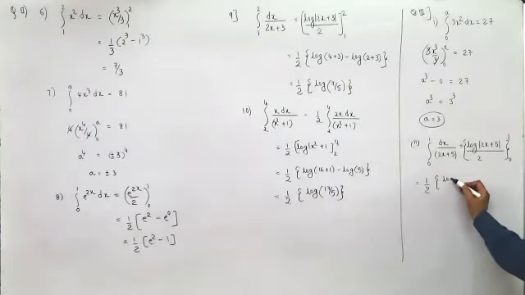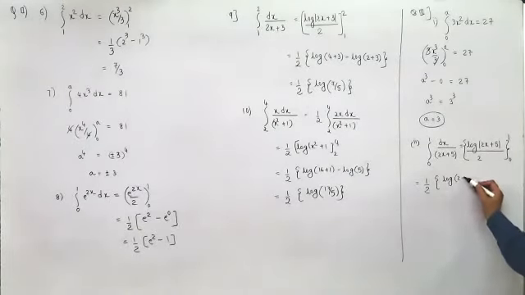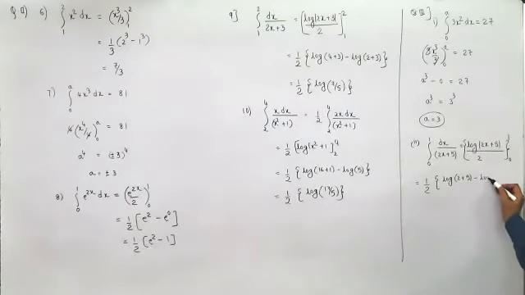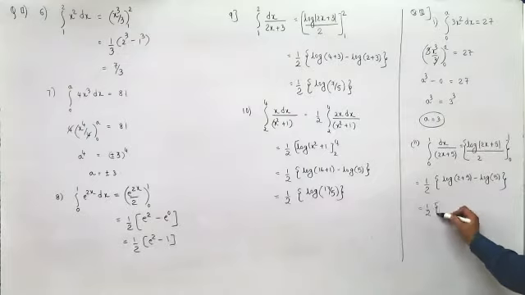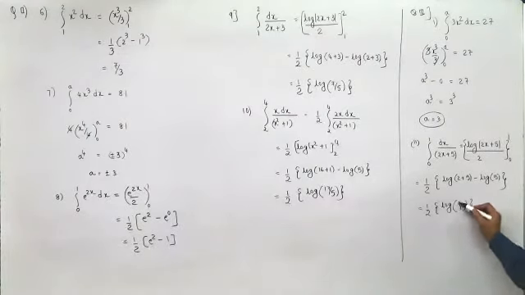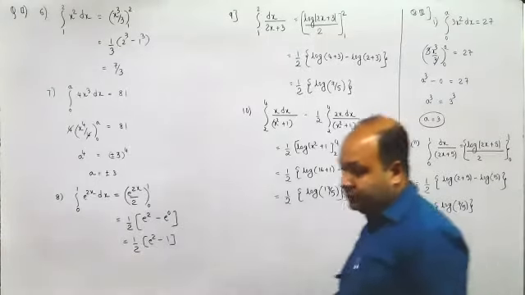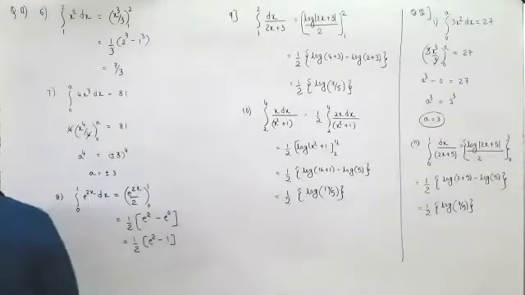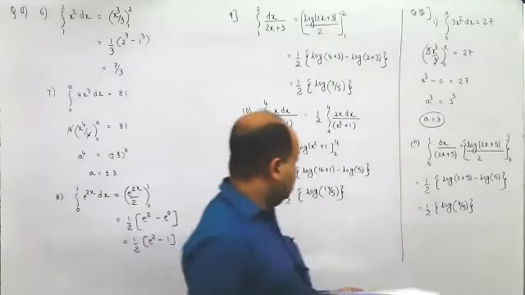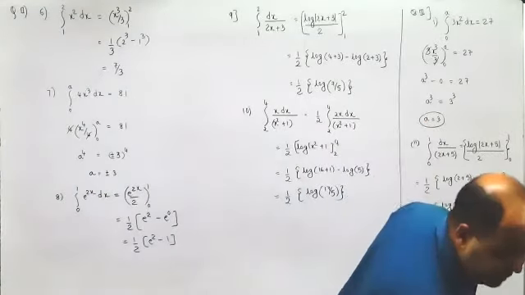This would be log of 2 plus 5, that is 7, minus log of 0 plus 5. So it would be half of log of 7 by 5. That half is missing, so it would be wrong.